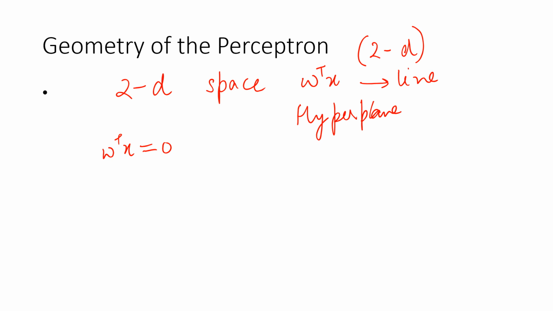And what we're trying to understand is how this plays into this entire data space. So let us assume that we're looking at only two components of w, that is w1 and w2. And of course, you have the w0 that we derived in the previous video.